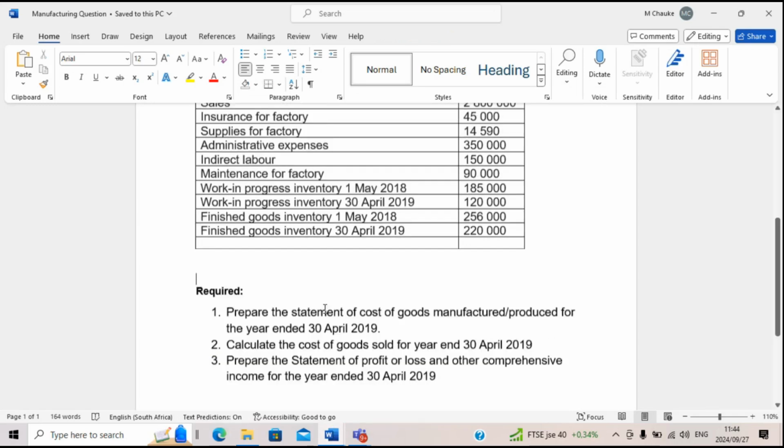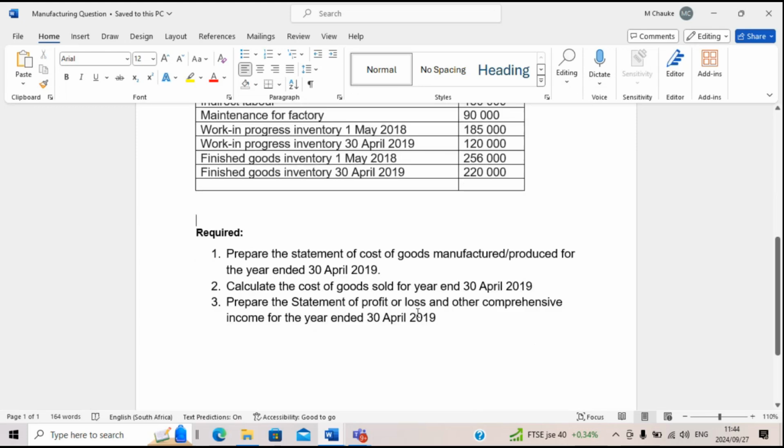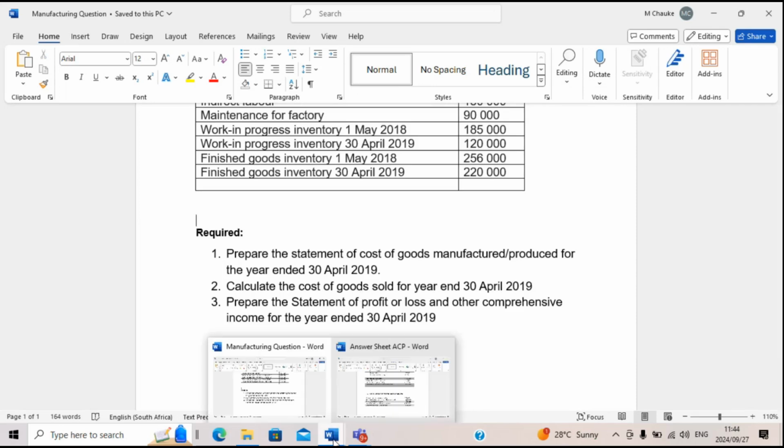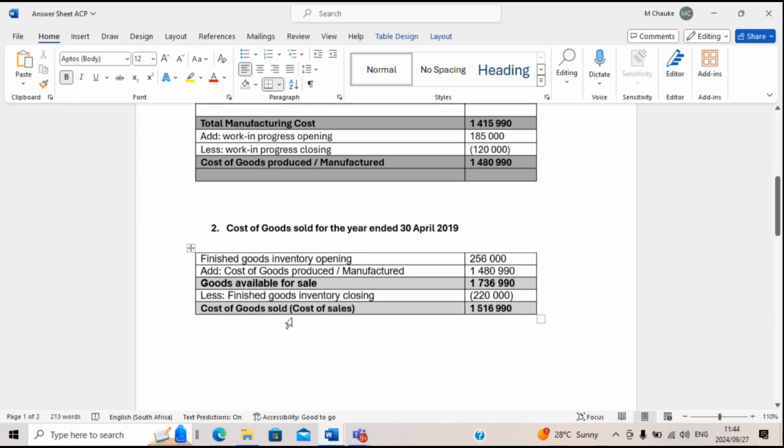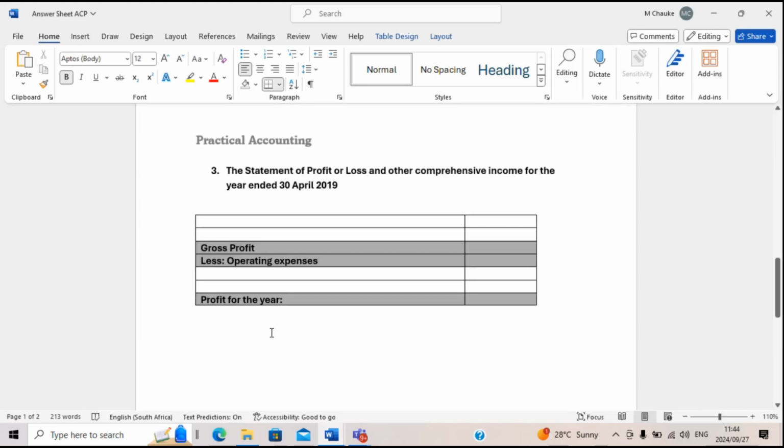So number 3, they say prepare the statement of profit or loss and other comprehensive income for the year ended 30 April 2019. So let's go and prepare it. Let's go down there and find our format.